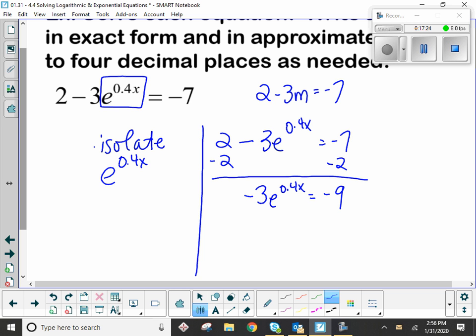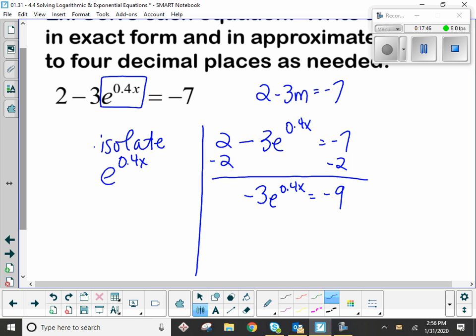So I've got -3e to the 0.4x equals -9. Then what? Is it time to lasso? Divide by -3 first.